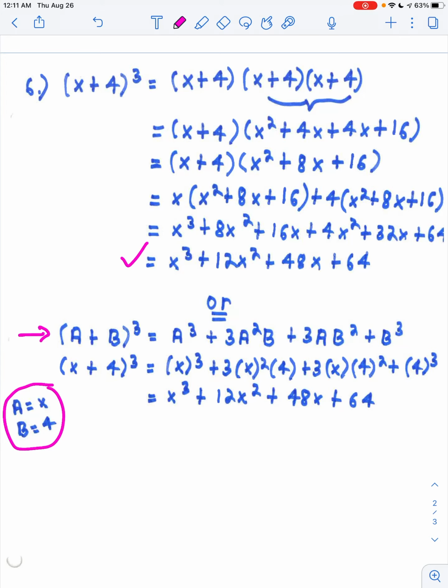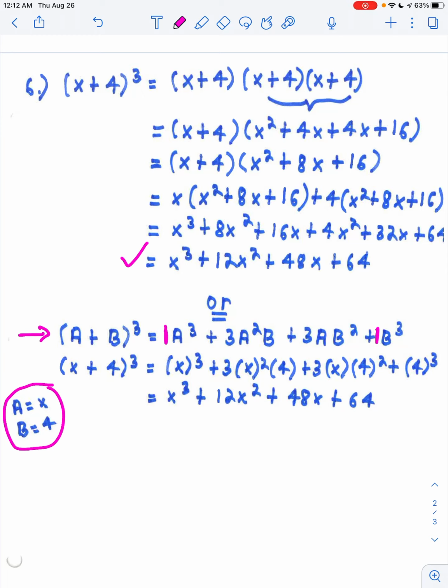The coefficients that you see for the terms come from something called Pascal's triangle. I don't want to get into it right now, but the coefficients are 1, 3, 3, 1. In the difference for the cube rule, every other term is negative: positive, negative, positive, negative.